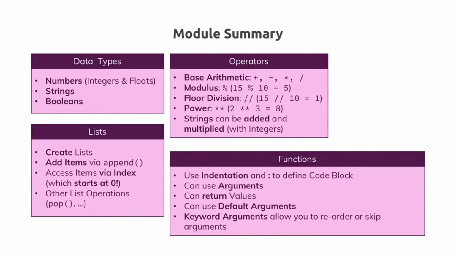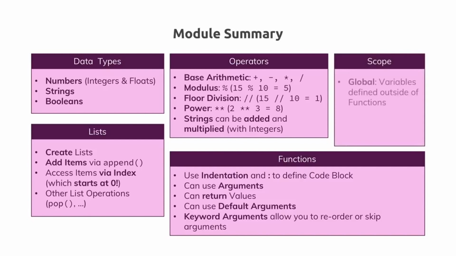Now, last but not least, we also had a look at scope. There is global scope for variables defined outside of functions and local scope for variables defined inside of functions. And this is actually it.